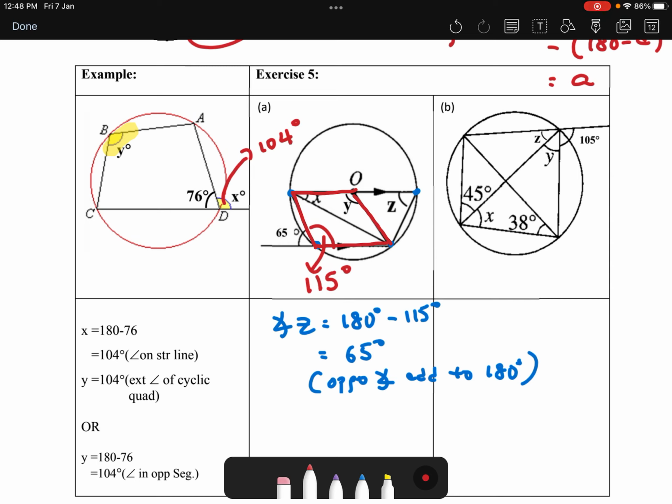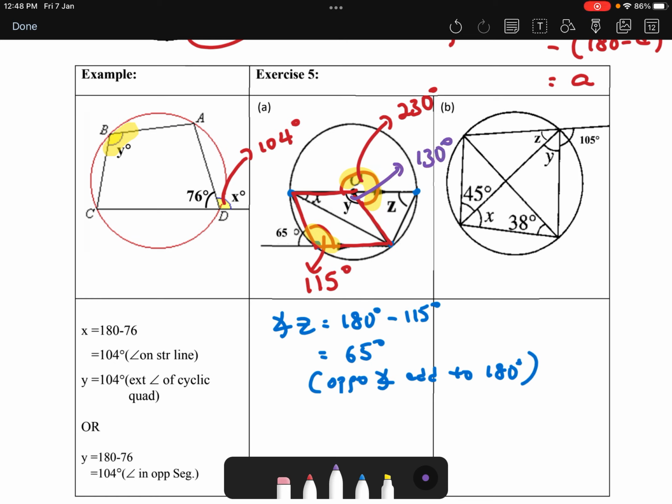The angle at the center is actually this angle right here, the so-called reflex angle. So if this is 115, this reflex angle will be 115 times 2, which is 230. Since this is 230, for angle Y you just use 360 minus 230, which will give you around 130.